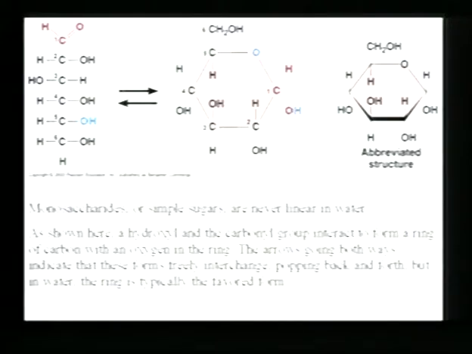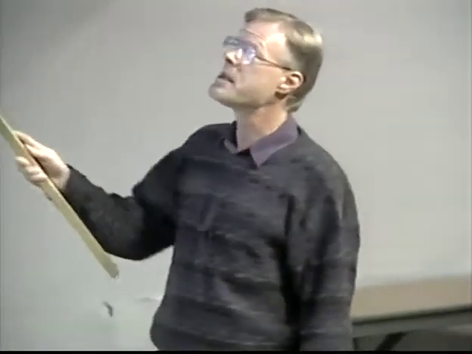You form a ring. The arrows going both ways suggest that this is reversible, and it is, except in a living organism or in a watery environment. It's never really reversible. These ring structures are so stable that that's the way they are in the living organism. They may flip very briefly back to a linear form, but they'll pop back into the ring form almost immediately.